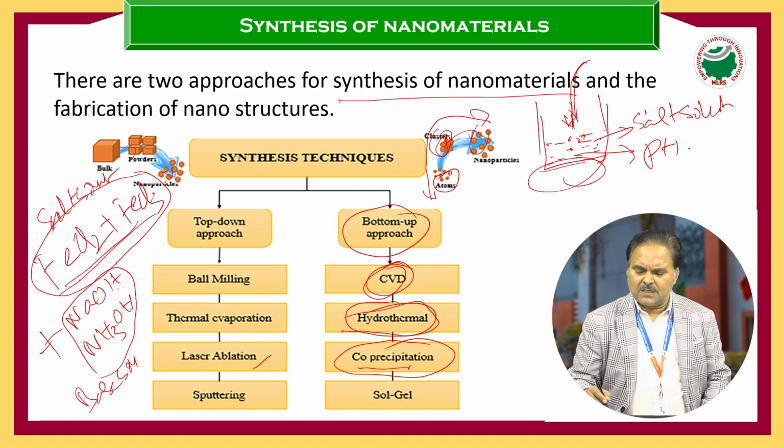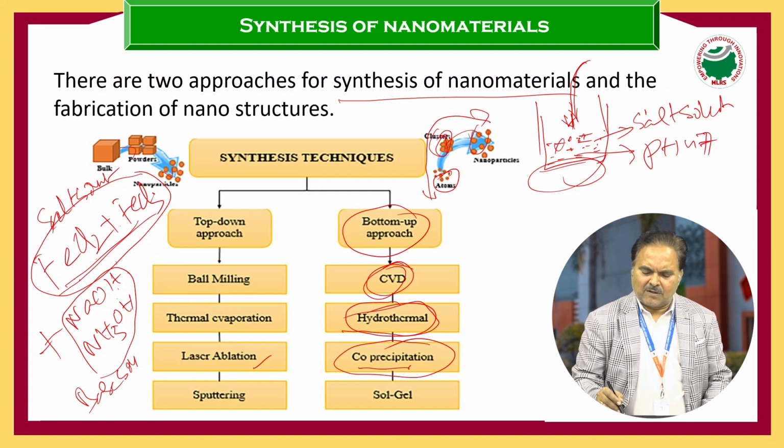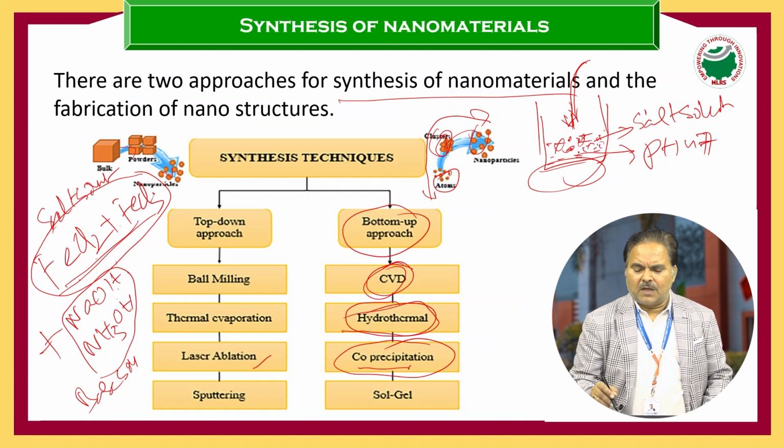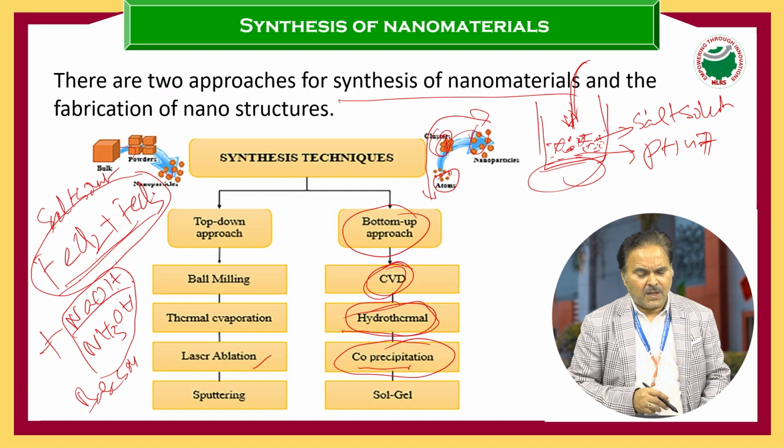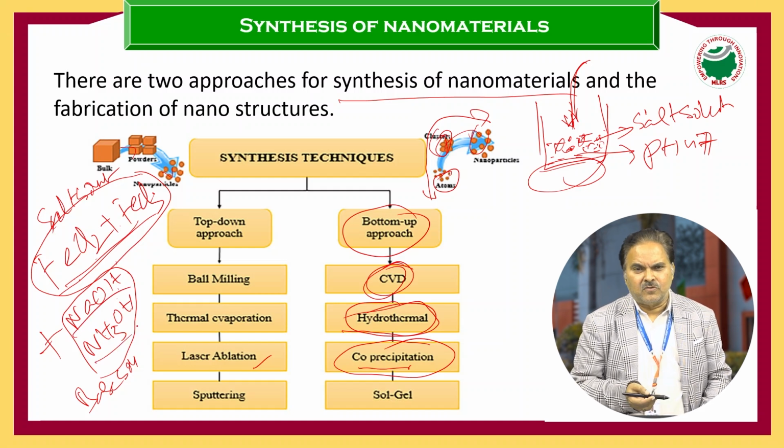If the pH is around 7, most of the material will be black, and the black is nothing but iron oxide particles. Here it directly forms the iron oxide nanoparticle. There will be nothing extra, except maybe some sodium nitrate if you use sodium, or ammonium nitrate if you use ammonia.